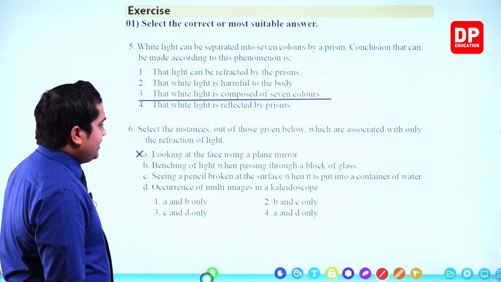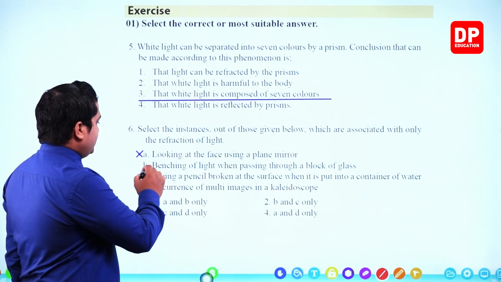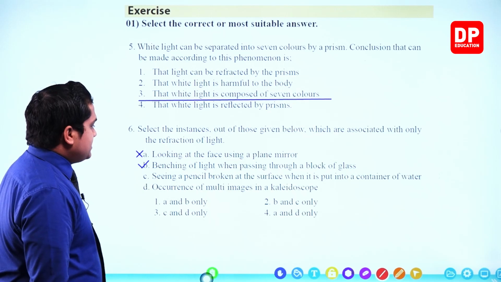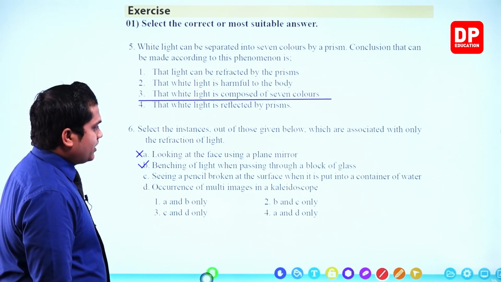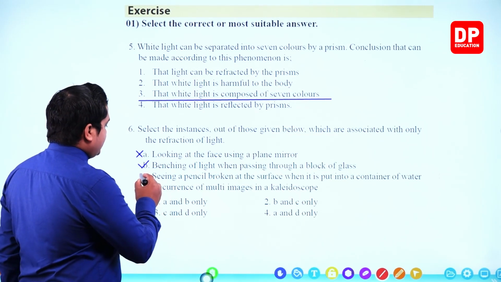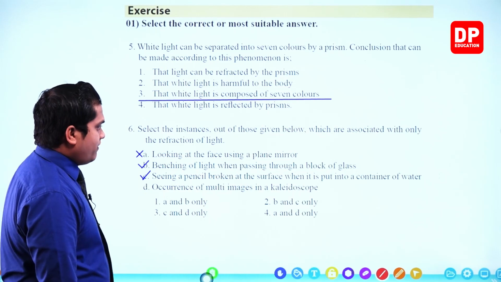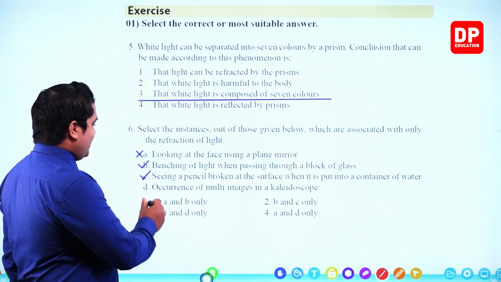Bending of light when passing through a block of glass. That's correct. No problem. Seeing a pencil broken at the surface when it is put into a container of water. Of course, it is correct. That's an effect given out by the refraction of light. Next one. Occurrence of multi-images in a kaleidoscope. Once again incorrect.